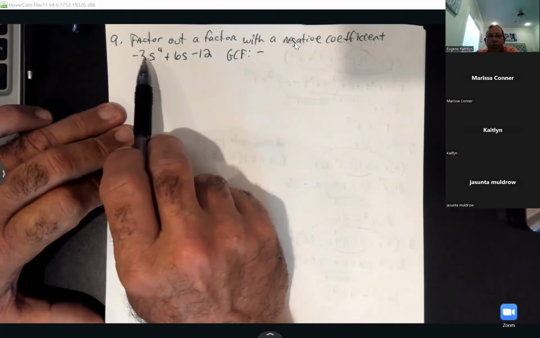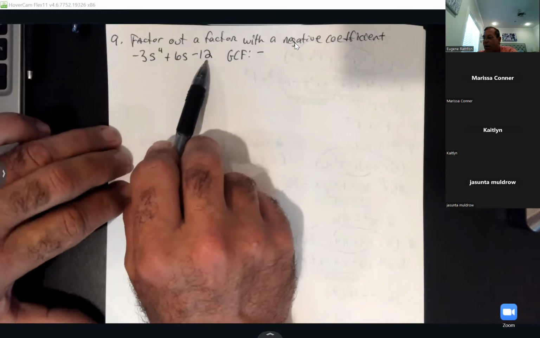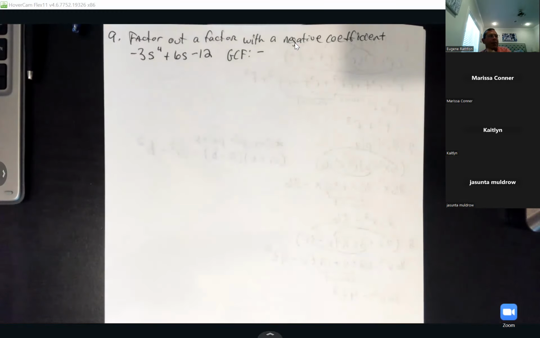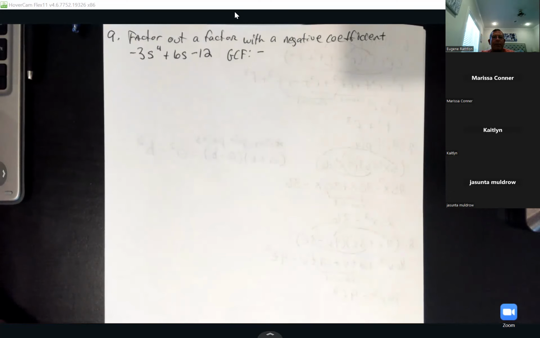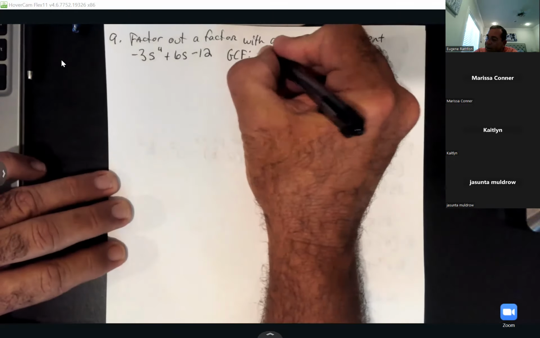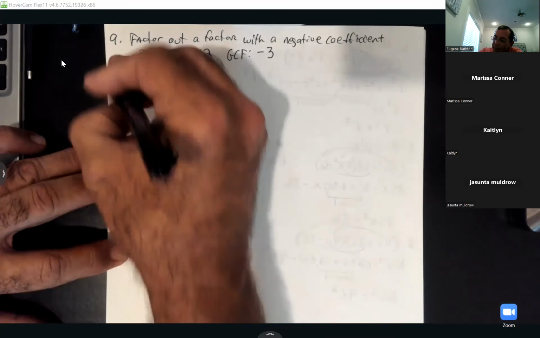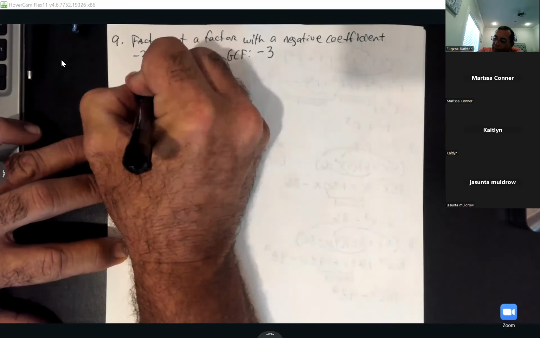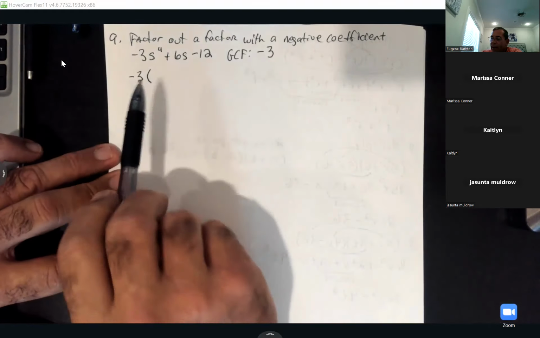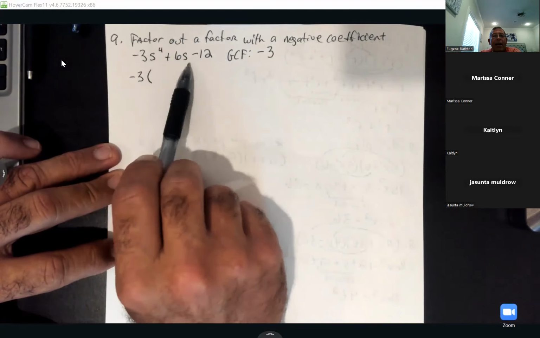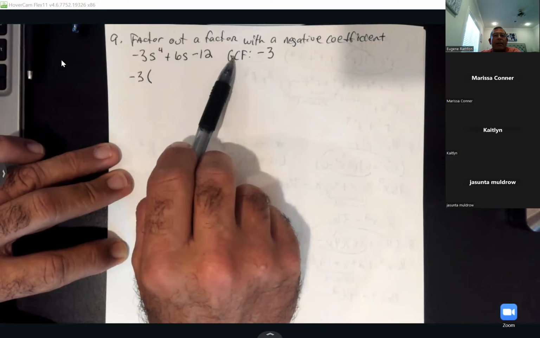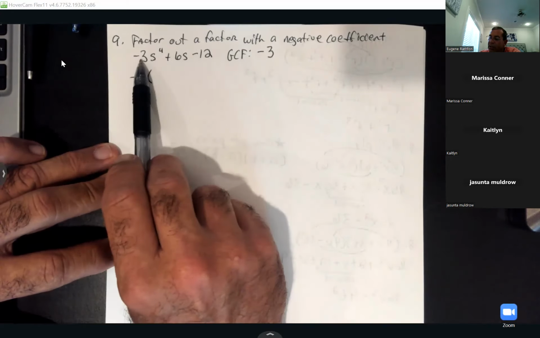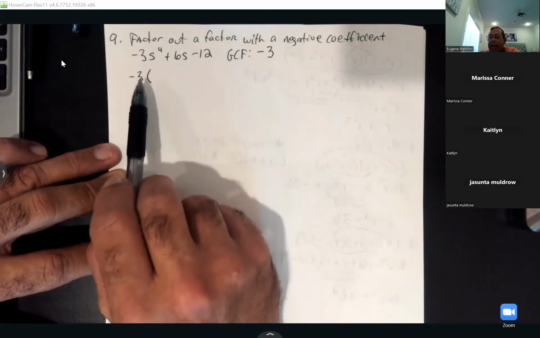So y'all, what does a 3, 6, and 12 all have in common that I can factor out? So I'm going to pull my chat up. So perfect, we're going to factor out a negative 3. Good job. Now notice, you're not factoring out an S because all of these don't have an S. So all we're going to be basically doing is dividing all 3 of the numbers by that negative 3.